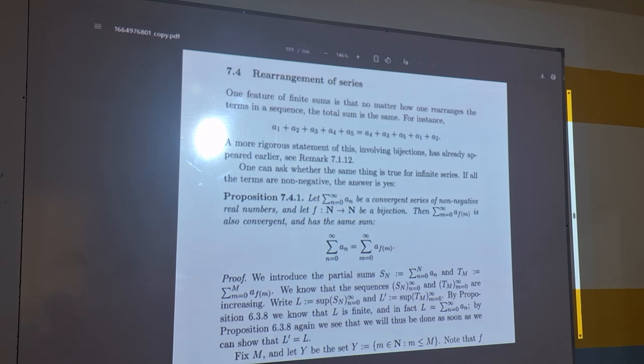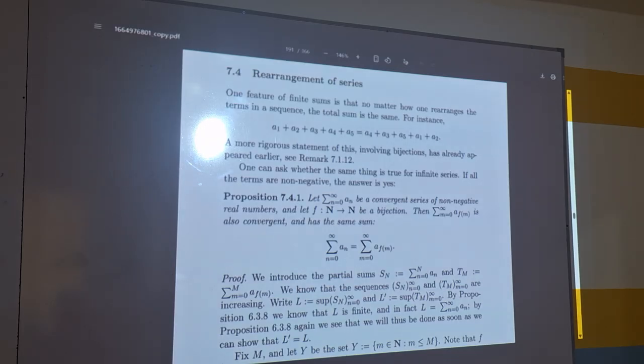If there are terms with negative sign as well as positive sign, infinitely many, sometimes some rearrangements may diverge, some rearrangements may converge to 2025, some rearrangements may converge to minus infinity, and so on.